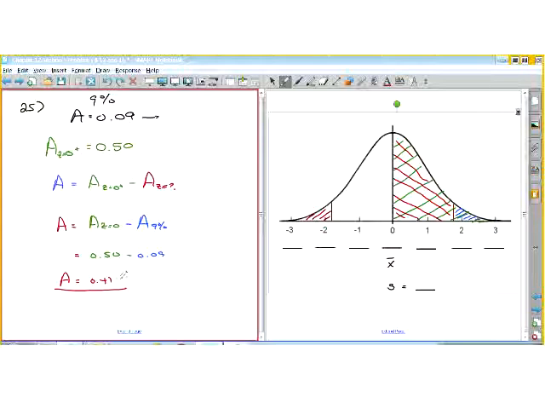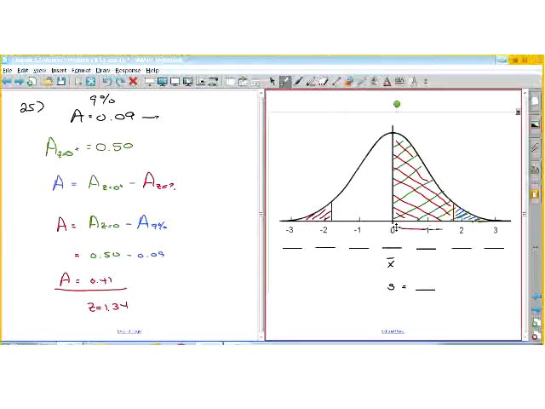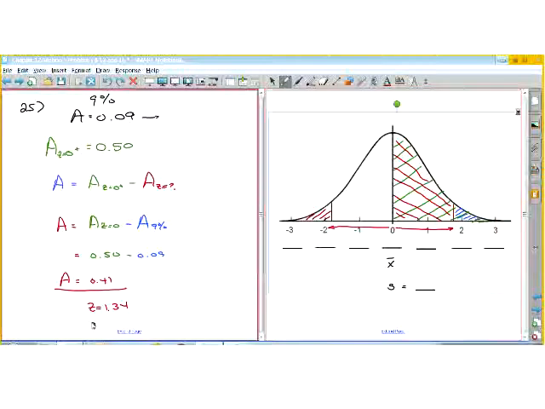So from the table, the z-score that corresponds to 0.41 is z equals 1.34. So that's this number right here. But because of symmetry, the answer is going to be z equals negative 1.34. And that's your answer. I think they're looking for it in terms of z, and that's the right answer, negative 1.34.